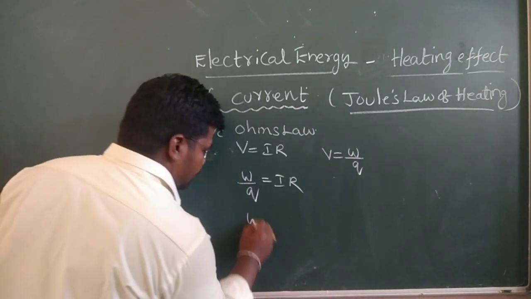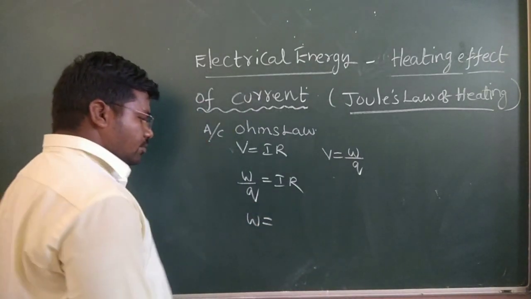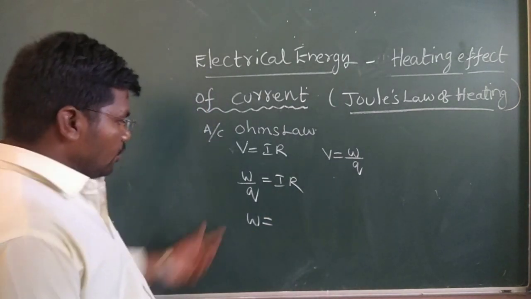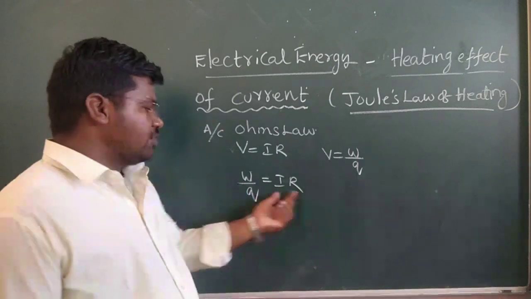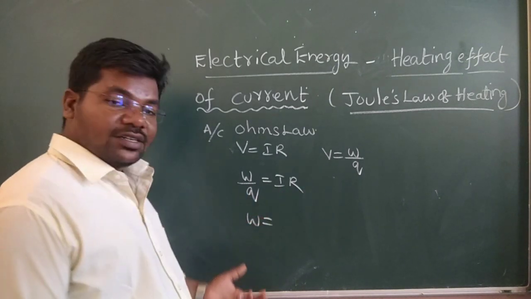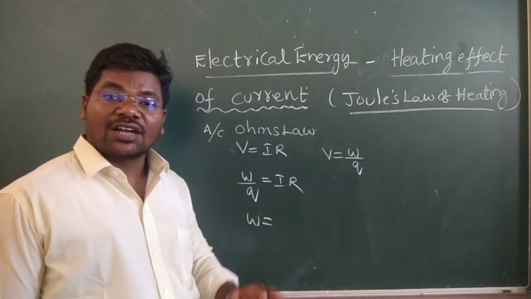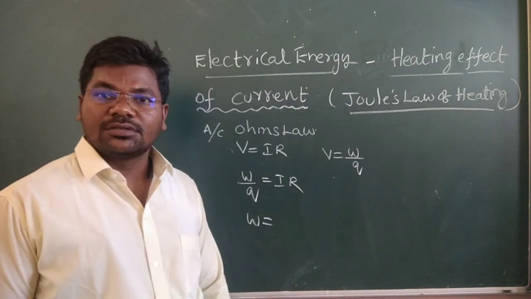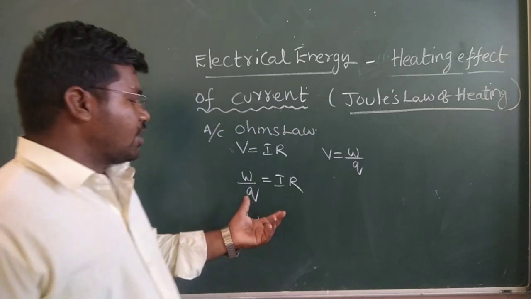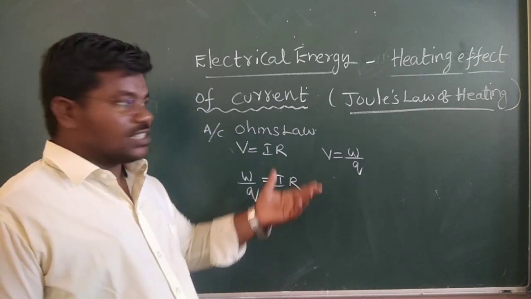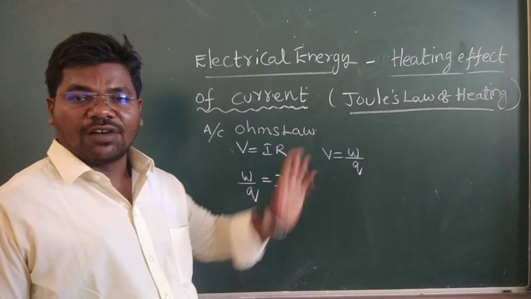So work done is equal to Q into I into R. This work done in the form of energy, or in the form of heat energy, since heat is also one form of energy.